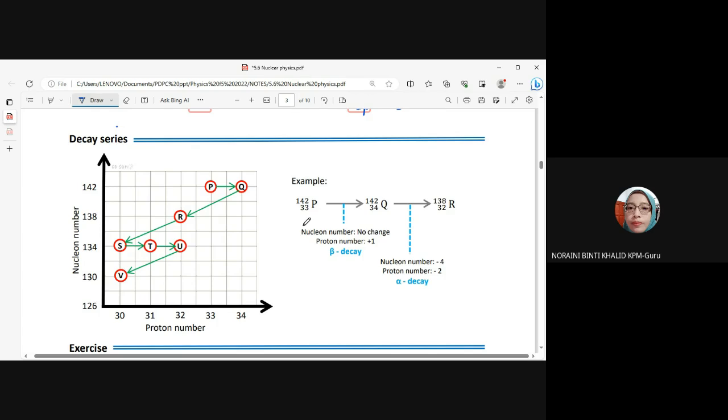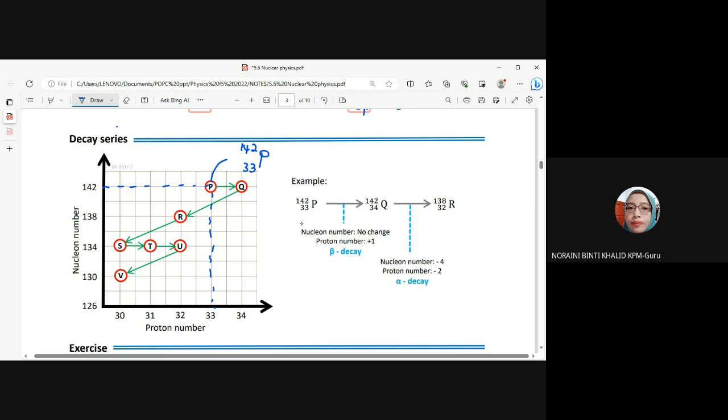Okay, how to read the nuclide notation? You just can read from the graph. For example, P. Baca je di sini. So dia punya nuclide notation macam mana nak tulis? Maksudnya P, dia punya nuclide notation ialah 14233.